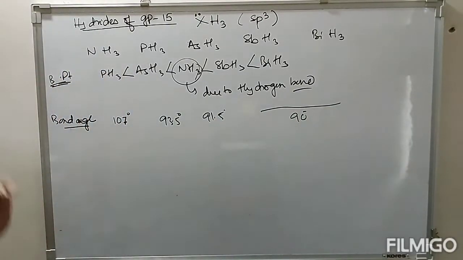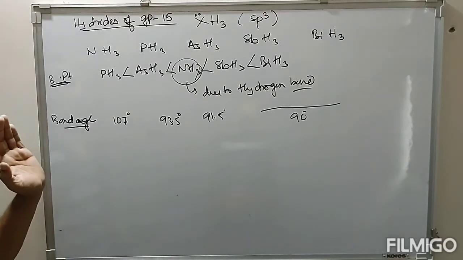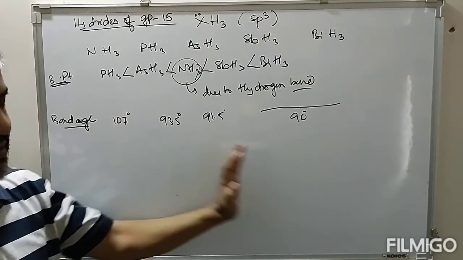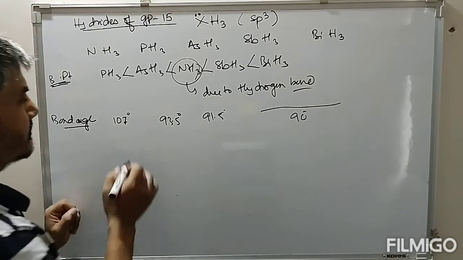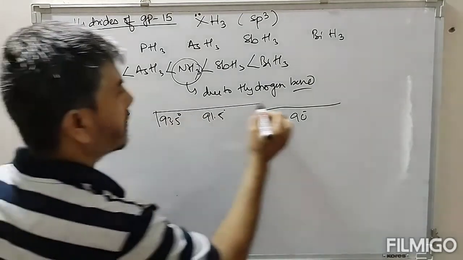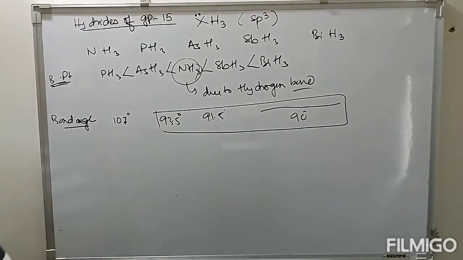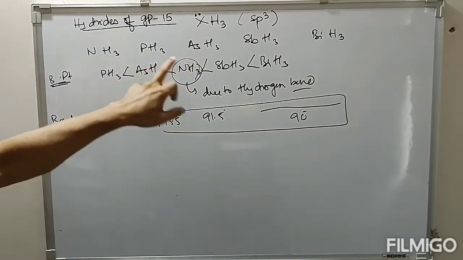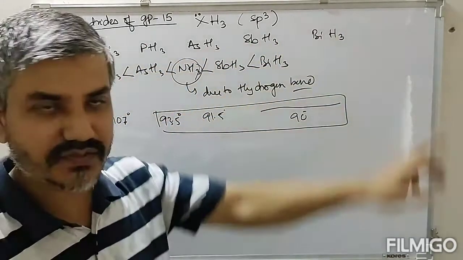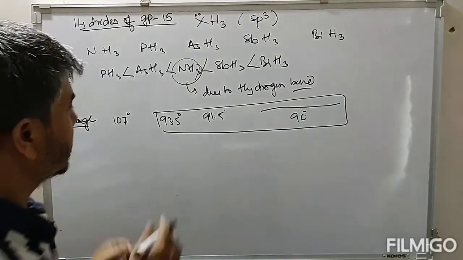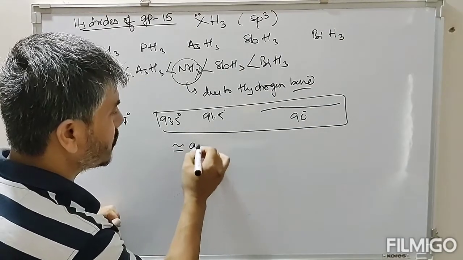So the bond angle of these hydrides decreases down the group. For the last four hydrides, phosphorus, arsenic, antimony and bismuth, the bond angle is approximately equal to 90 degrees.